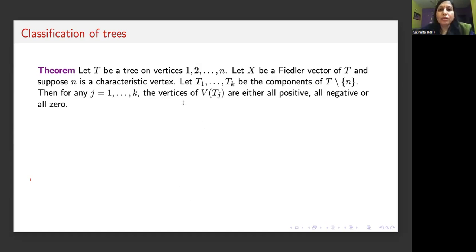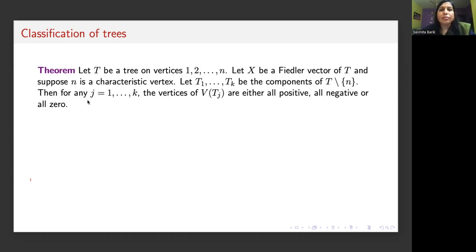Now if you delete n and consider the components obtained from T minus n, then because it's a tree, it will be disconnected, so you'll get many components. Let's say T_1 to T_k are the components of T minus n.